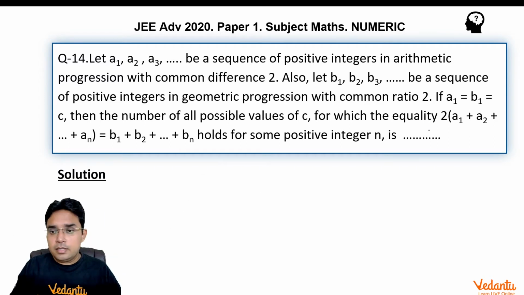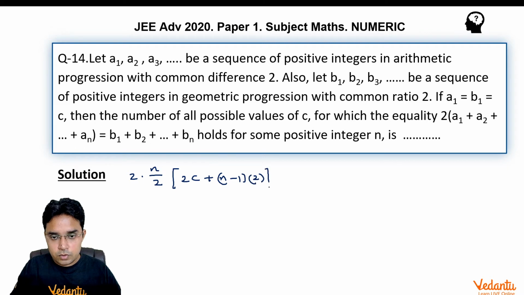So in this equation we can directly write the formula for the sum of n terms. It will be 2 into n by 2 into [2c plus n minus 1 into d], where c is the first term and d here is given to us as 2. On the right hand side, the sum of n terms of GP, the first term is c into 2 raised to the power n minus 1 upon 2 minus 1, as the common ratio is also 2.